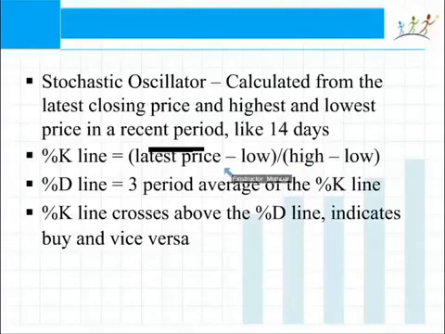This value will be less than 1. At best it can be 1, because at best the latest price can be the high. So whatever is this percentage will determine the percentage K line. I'll plot this every day, so I'll get a curve.